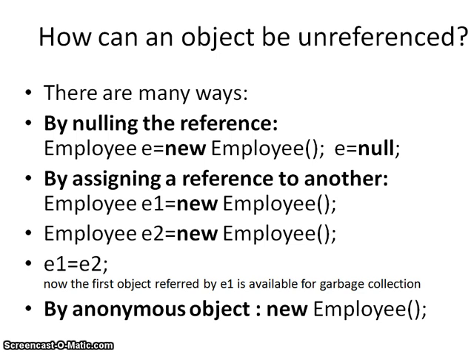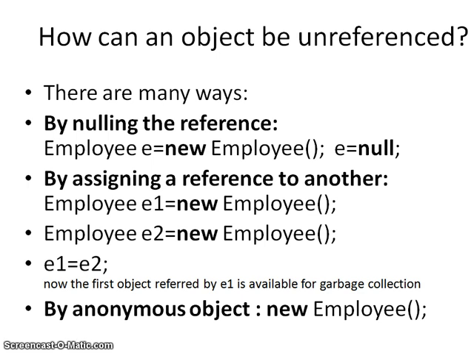The third way is by an anonymous object. It means you have just created an object by using the new keyword. You have not given any reference or object name, only new Employee, where Employee is the constructor.